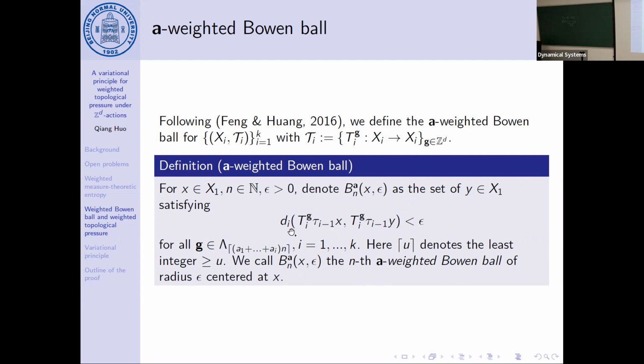So we could understand this as a dynamical distance, which resembles the traditional distance d_i. And this symbol denotes the absolute function. The collection of such y is called the nth weighted Bowen ball of radius epsilon centered at x.